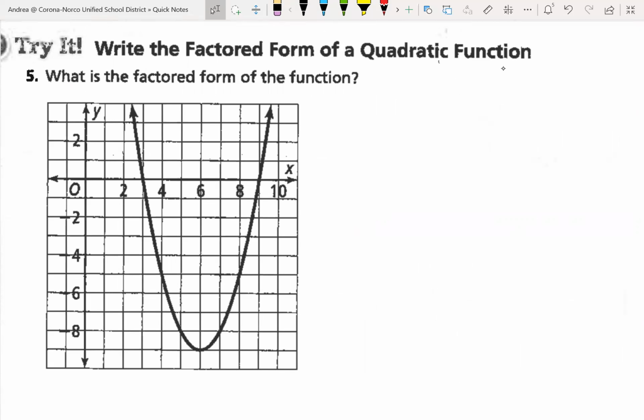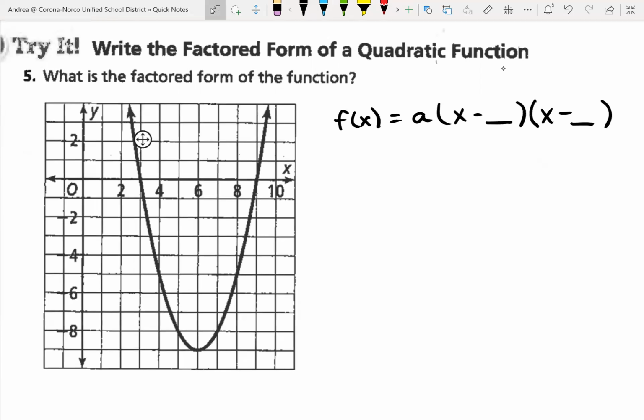Okay, they're going to give you a graph and they want you to write it in factored form. Factored form looks like this. It's a times x minus something times x minus something. We need to know that these are my x-intercepts.